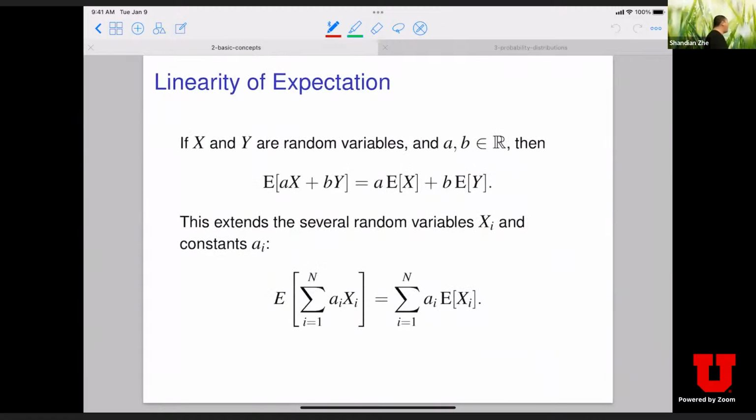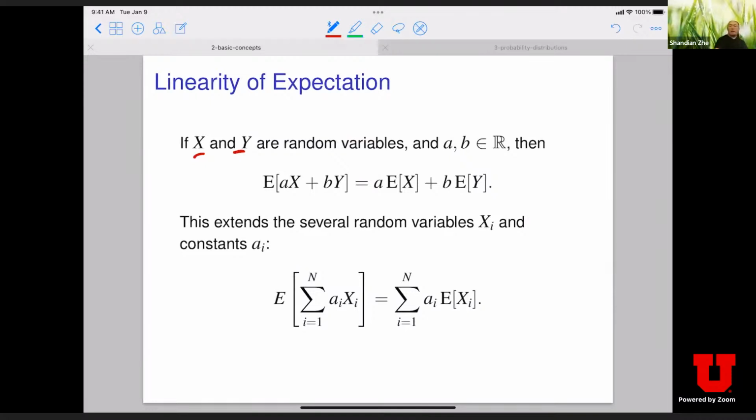There are several very important properties of the expectation. I think the most useful property is called linearity. If we have two random variables x and y, it doesn't matter whether x and y are dependent or independent, correlated or uncorrelated. The expectation of their linear combination, like ax plus by, is simply the linear combination of their respective expectations.